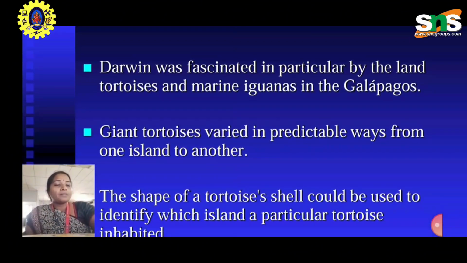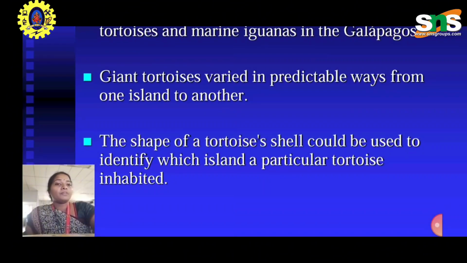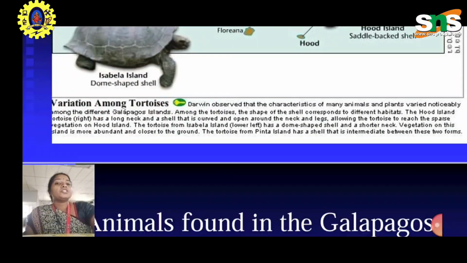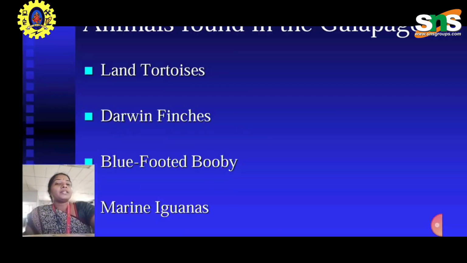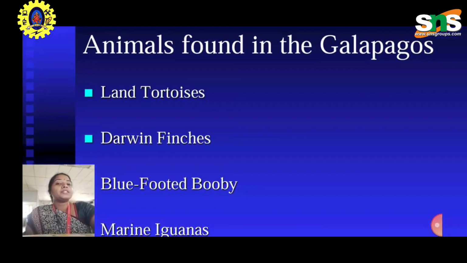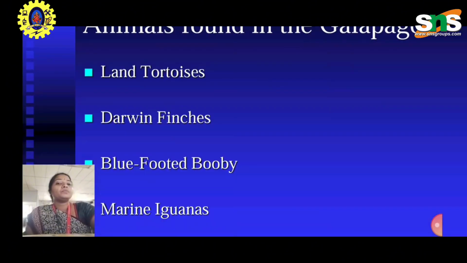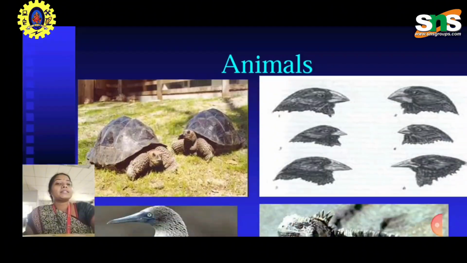Giant tortoises varied in predictable ways from one island to another. The shape of a tortoise shell could be used to identify which island a particular tortoise inhabited. Found in the Galapagos are land tortoises, Darwin's finches, blue-footed boobies, and marine iguanas.